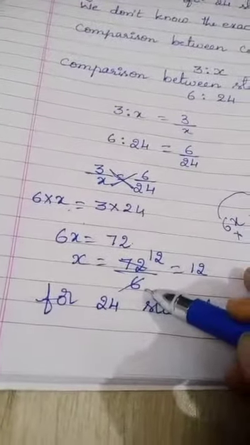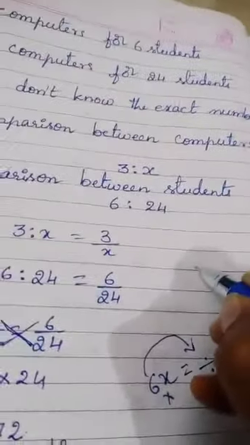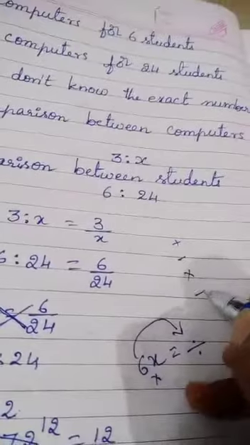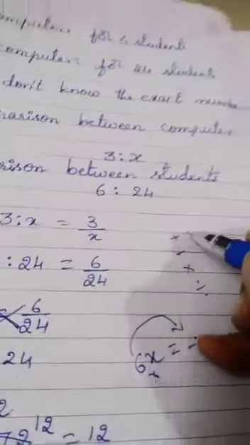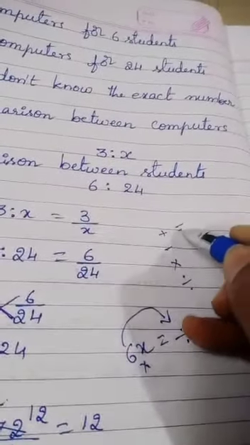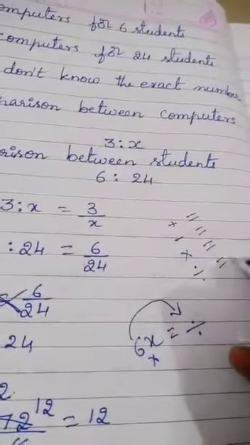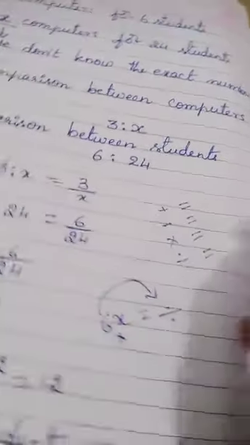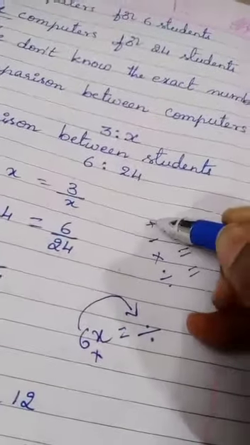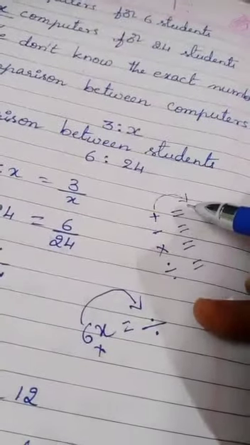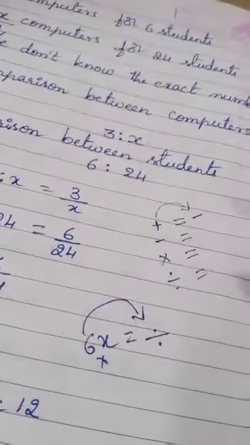Okay, and I want to tell you one thing, children. We have that rule, that is plus, minus, into and division symbols. If the number is in addition, then when you are crossing this bridge, and you can assume the equal to symbol like a bridge, after crossing this bridge it will become minus.